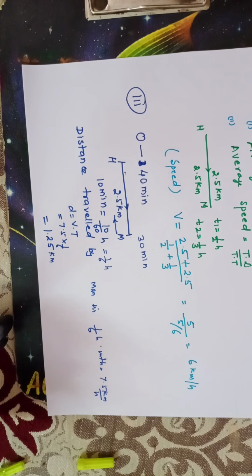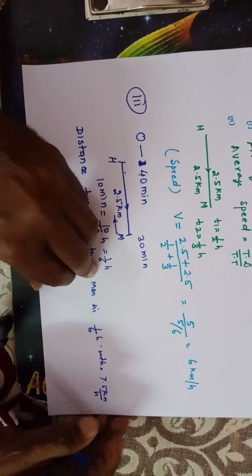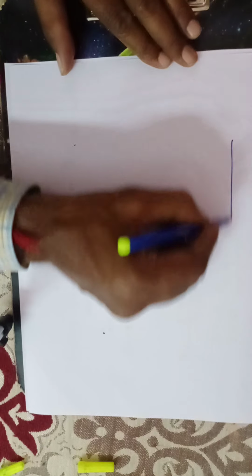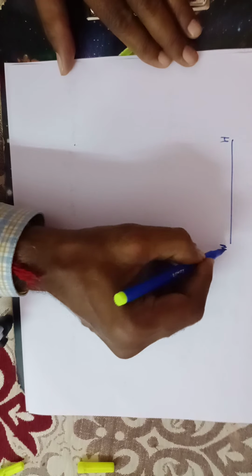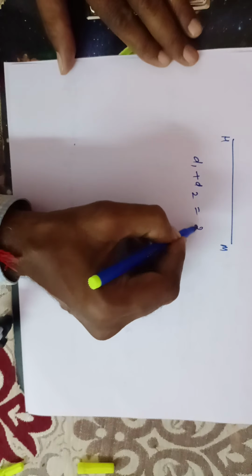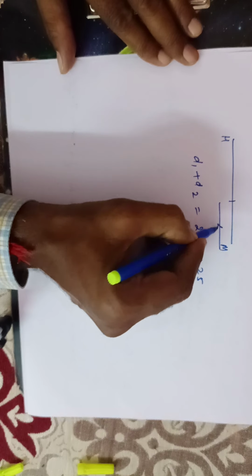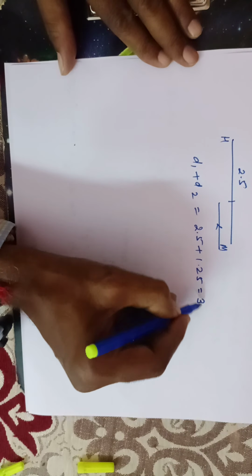Total distance home to market D1 plus D2, 2.5 plus 1.25, it will be 3.75.